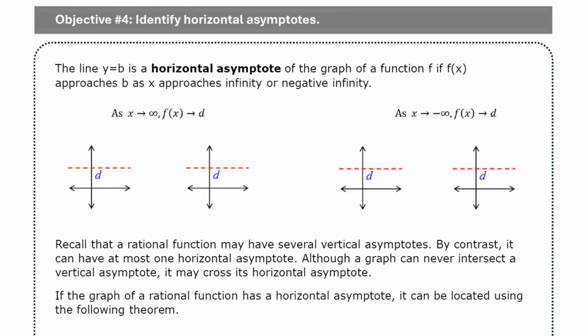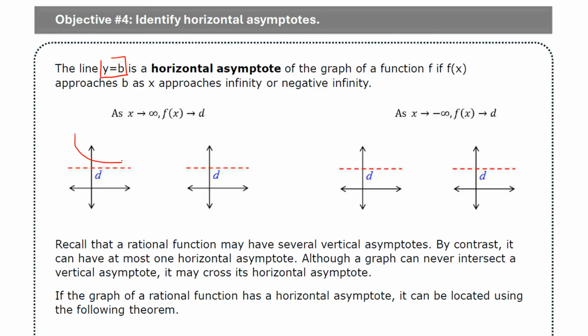Objective 4, identify horizontal asymptotes. The line y equals b is going to be our horizontal asymptote of the graph of the function f if f of x approaches b as x approaches infinity or negative infinity. So as x is approaching infinity, f of x is approaching b.